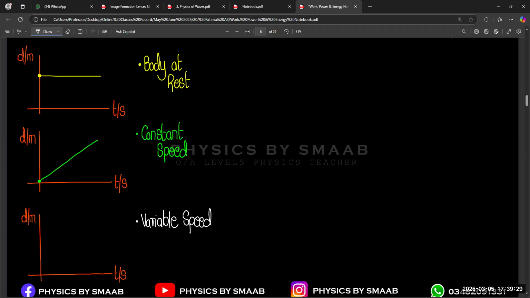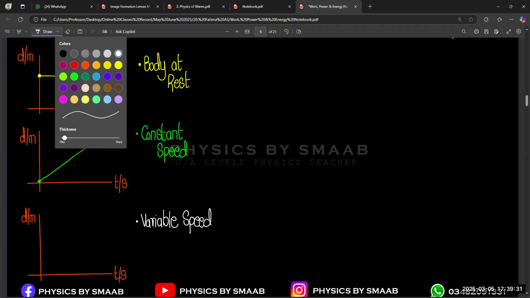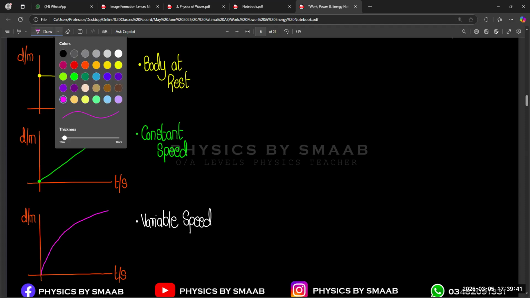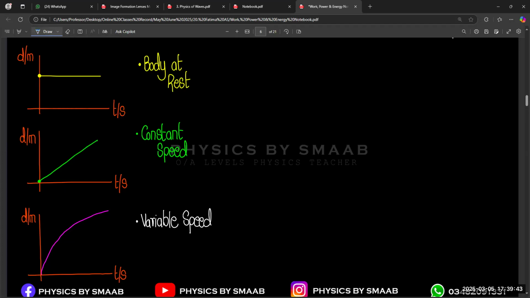That is called variable speed. For example, if we consider this type of variation, this is also possible. And there is one more type of variable speed like this.